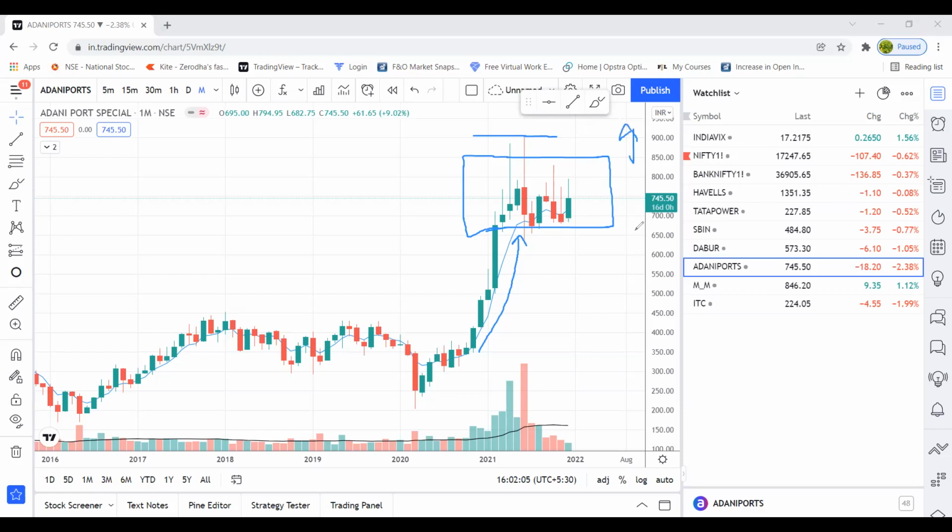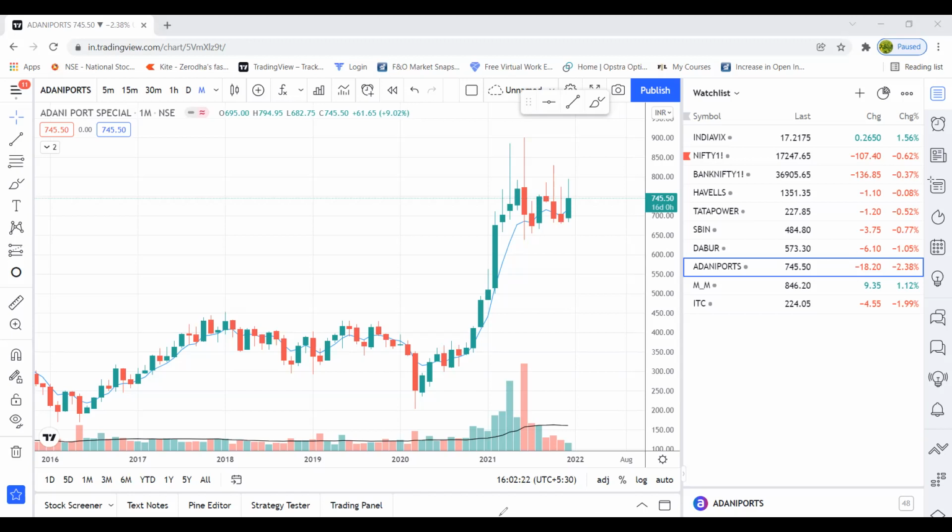And if it breaks this particular level, which is around 680, then the price can come down here up to 500 as well. So Adani Ports is doing quite well.